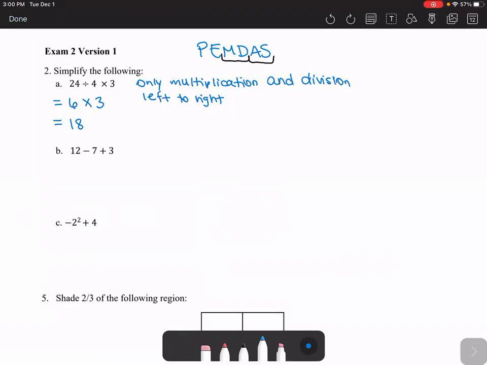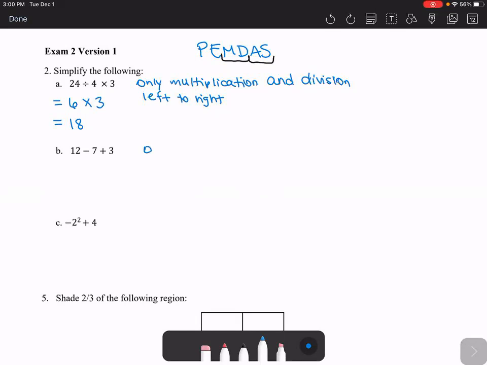Like I said in the review video yesterday, if a question seems really hard to do without a calculator, you're likely making an error. There's probably an easier way to do it. That is what happened a lot on questions like these if you didn't do the operations in the right order.